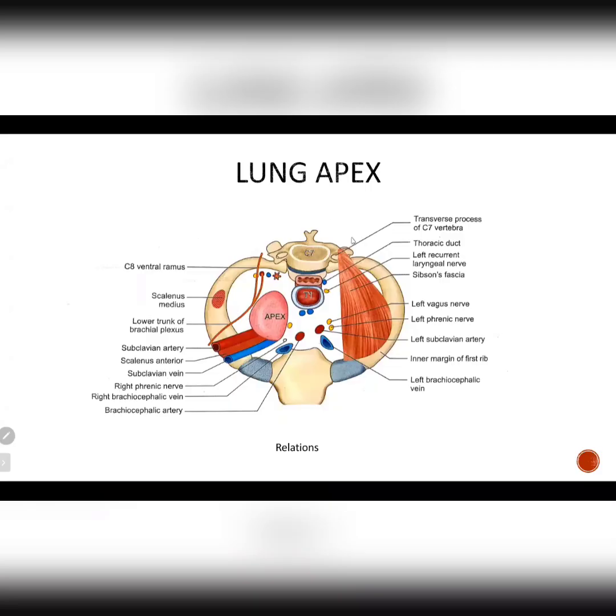I told you that the apex of the lung is present at the root of your neck, 2.5 centimeters above the clavicle. Yet when you take a deep breath on inspiration, you do not see the apex of the lung on your body and you do not feel any expansion at the root of your neck.